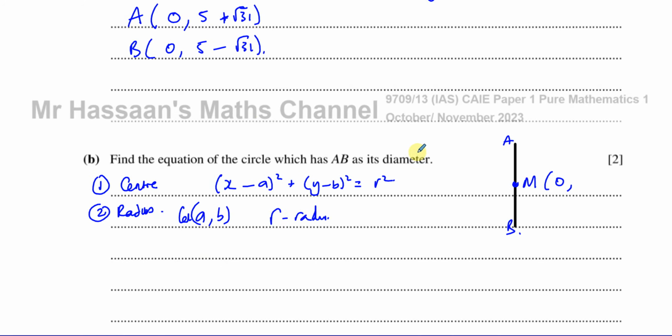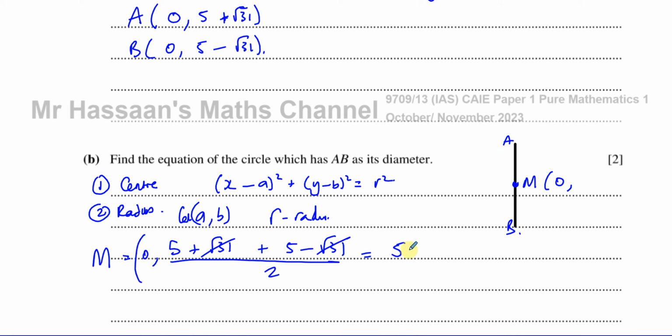So if we add them together and divide by 2, we have 5 plus root 31 plus 5 minus root 31, and we divide that by 2. What you'll see is the root 31 and the minus root 31 will cancel out. We're left with 10 over 2, which is going to be 5. So the midpoint is 0 and 5. So (0, 5) is the midpoint.